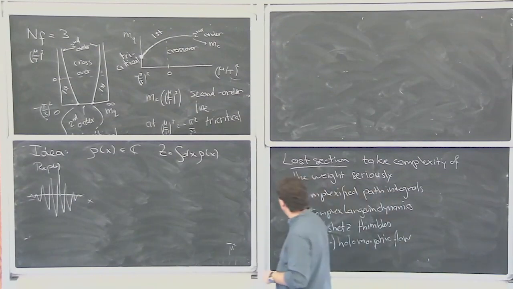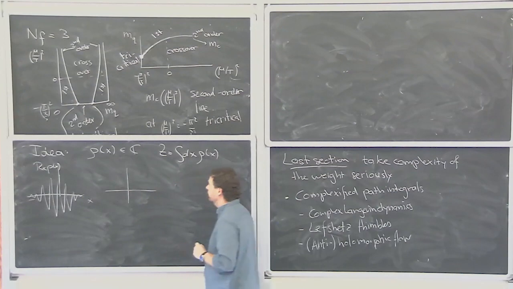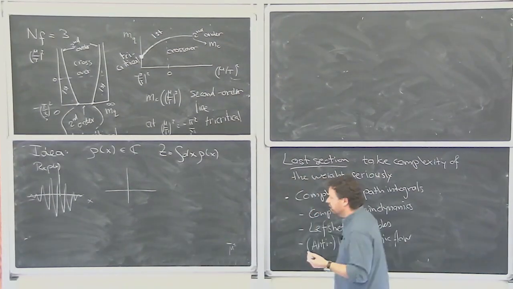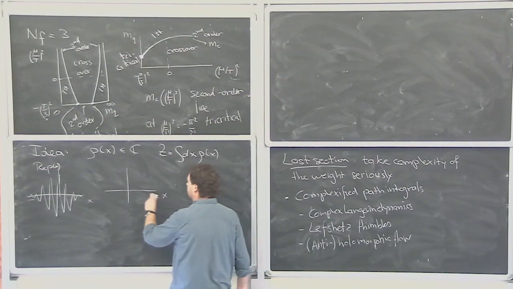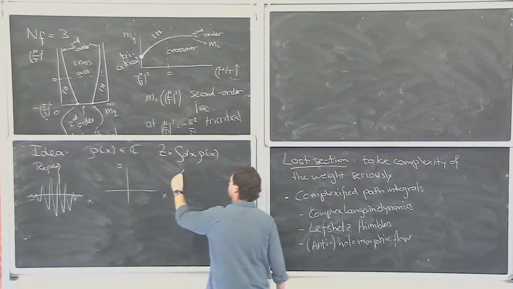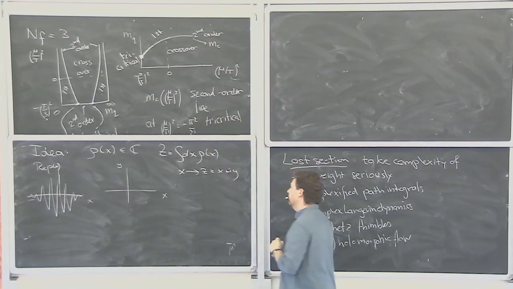But what we'll argue soon is that typically when you do these integrals, especially these zero-dimensional integrals, of course you don't do them on the real axis, but you go into the complex plane. So you do an analytic continuation. x goes to z equals x plus iy.